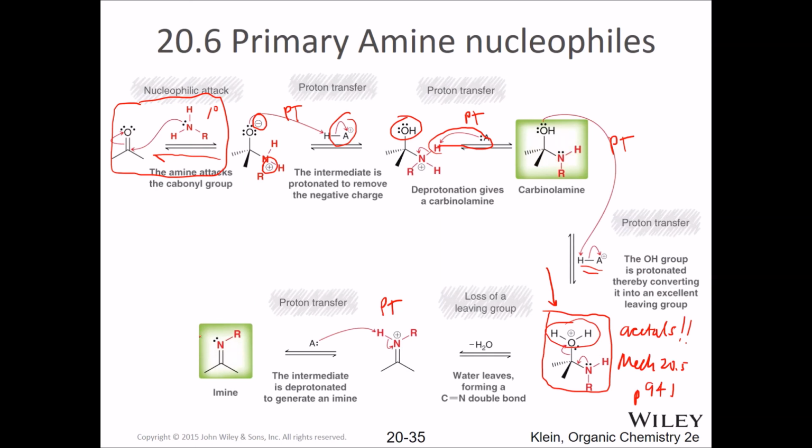And then we get this amine. We get the nitrogen on there. So I would drive this mechanism. We're going to do the same thing with 20.7. I would drive this by memorizing. I have that. It's eventually going to go to that.